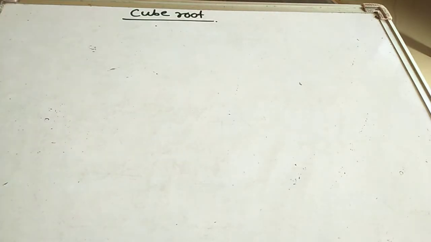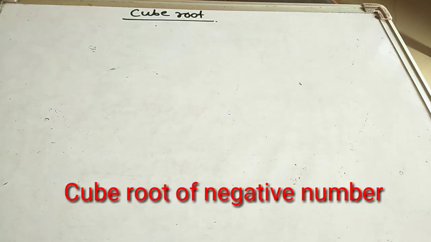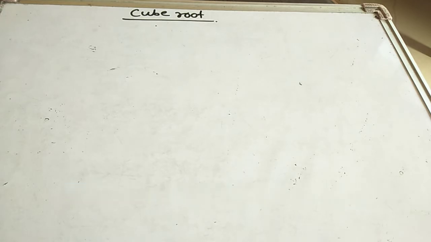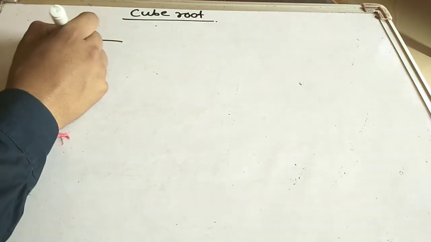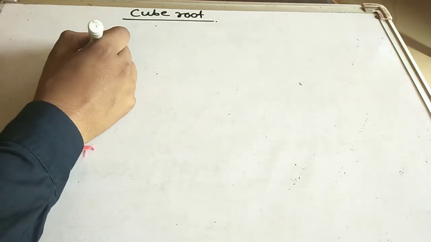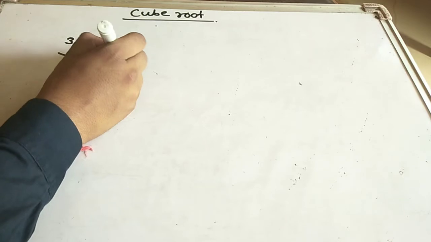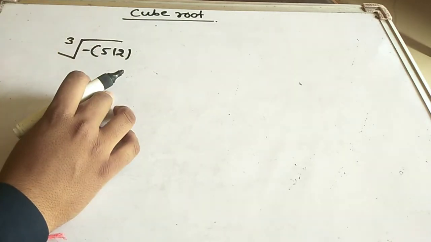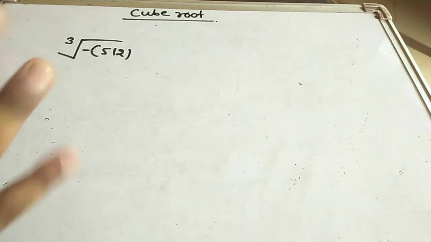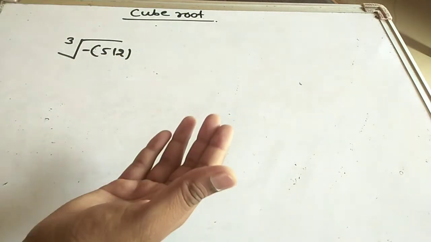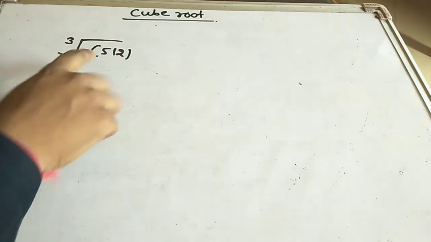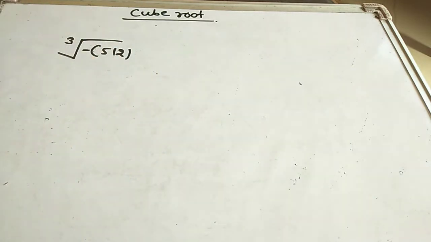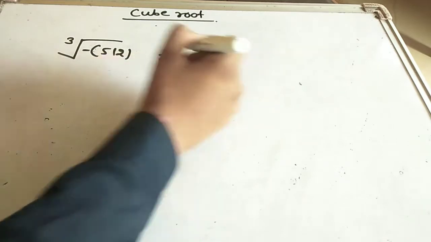Understood? One more thing, cube root of negative number. Cube root of negative number is also a negative number. Like, take an example, cube root of minus 512. Students, we know that cube root of 512 is 8, and cube root of minus 512 is minus 8.